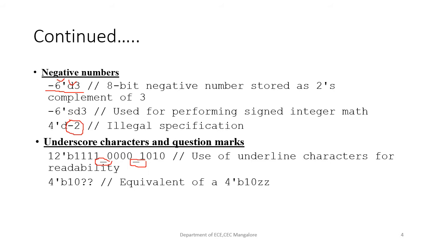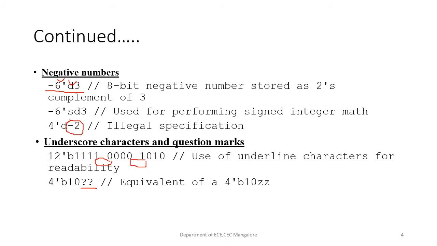And here these bits are not specified actually. So question mark: 4 tick B10 question mark. It's equivalent to the Z value. The default value of the question mark is Z. Just remember.